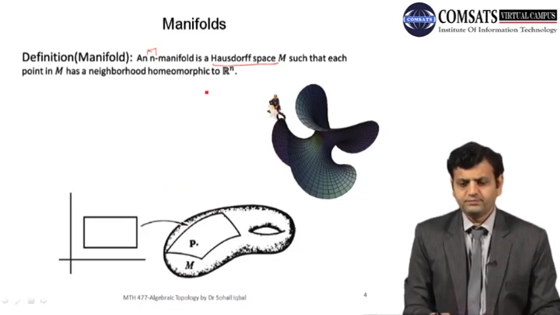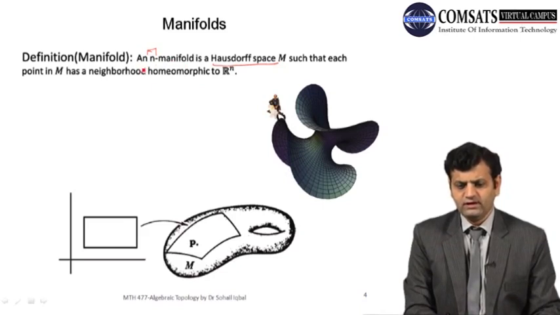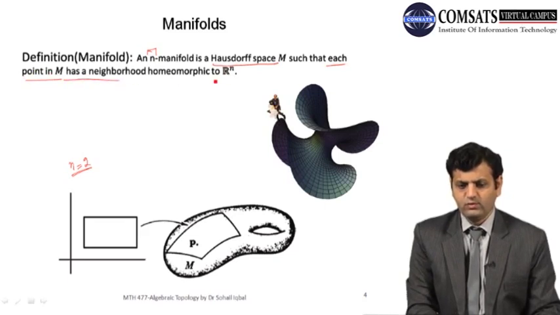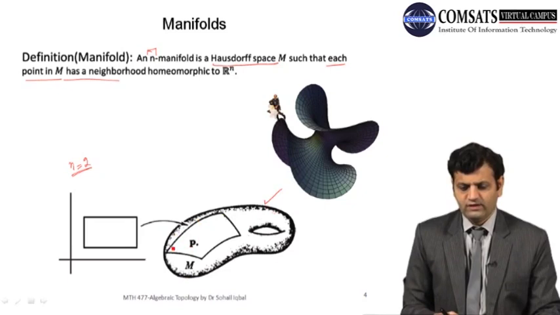So let's see how this definition will be applied to a two-dimensional case. For example, when n is equal to 2, it says that it's a 2-manifold if each point in M has a neighborhood homeomorphic to R2. In this diagram you can see that we have a subset M of R3, and we want to see whether this subset M of R3 is a 2-manifold or not.